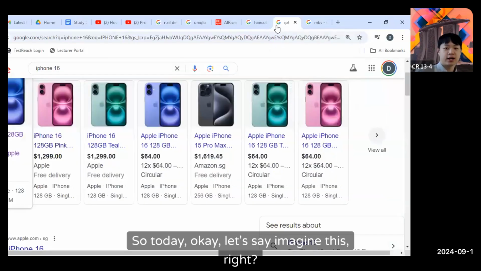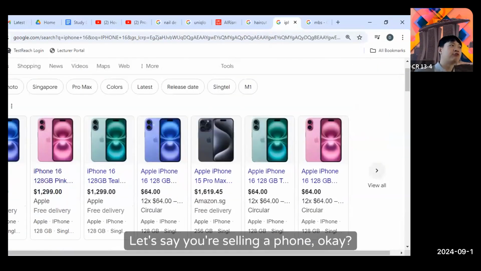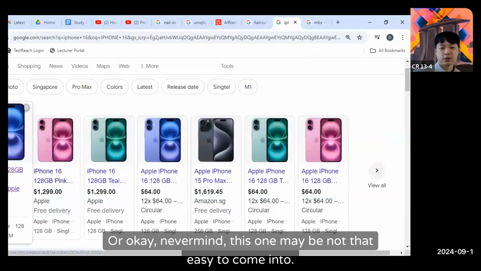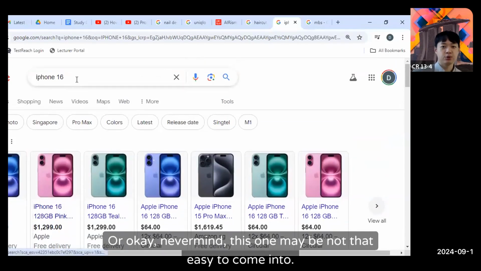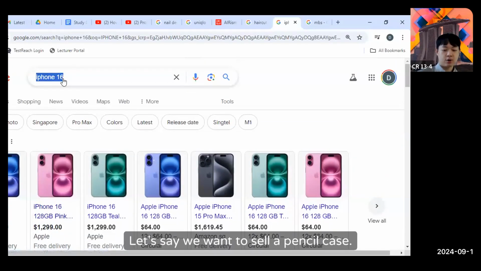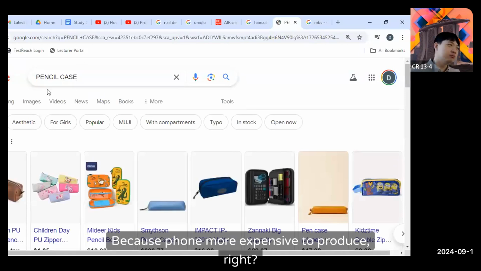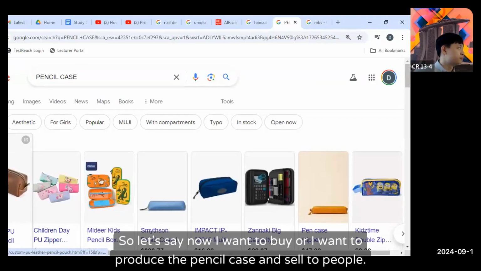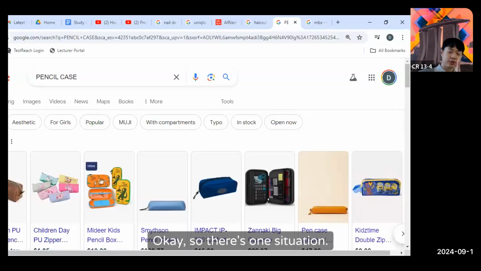So imagine this. Let's say you are selling a phone. Or never mind, this one maybe not that easy to come into. Let's say we want to sell a pencil case, because a phone is more expensive to produce. So now I want to produce the pencil case and sell to people. So there's one situation.